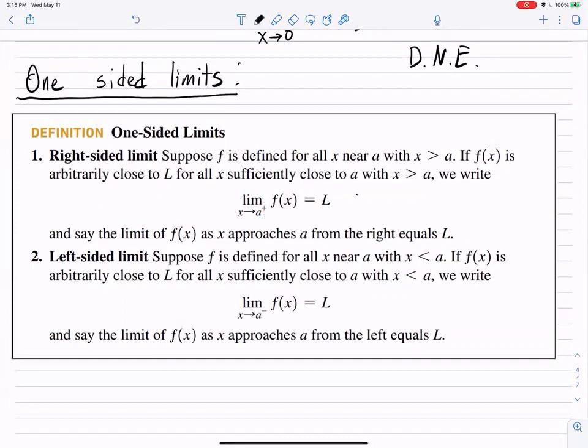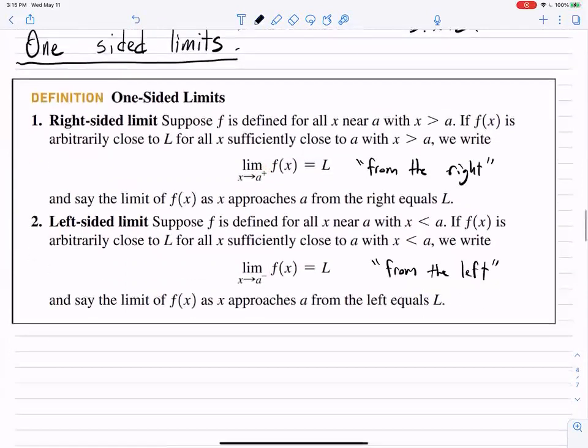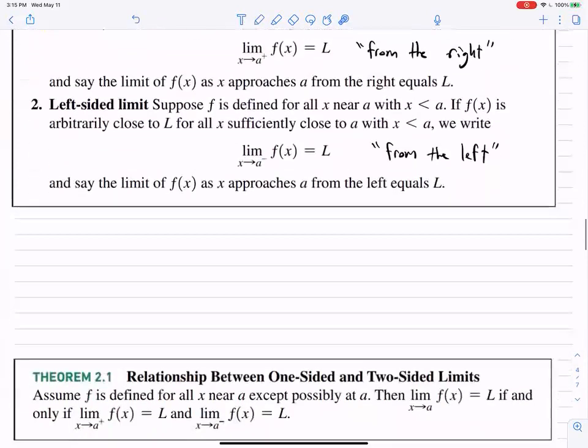What that means is that we're plugging in numbers that are bigger than a. That's why we put a plus there. And then this one is from the left, and we plug in numbers that are smaller than a and see what's happening.